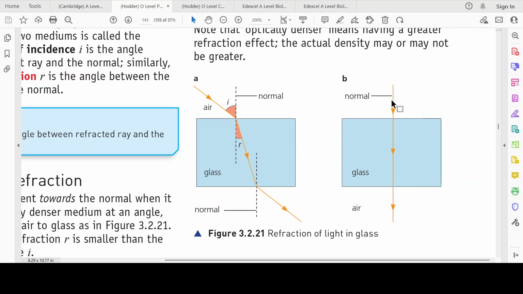And so the light ray, in this case moving from air to glass and then glass to air, is also moving perpendicularly to the surface of the media. And when that happens, it won't be refracted. So in this case, you can see it's passing right through. There's no bending taking place. And so these are the four things that you need to keep in mind when you are dealing with refraction.